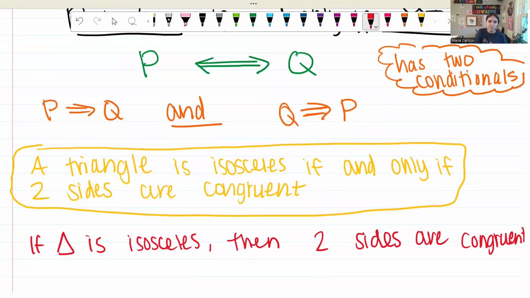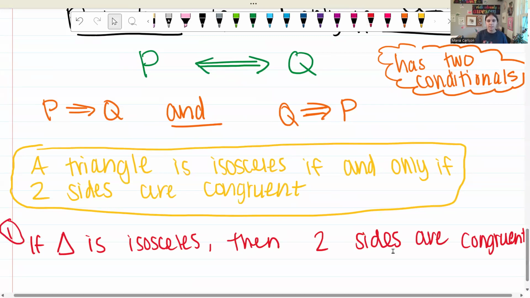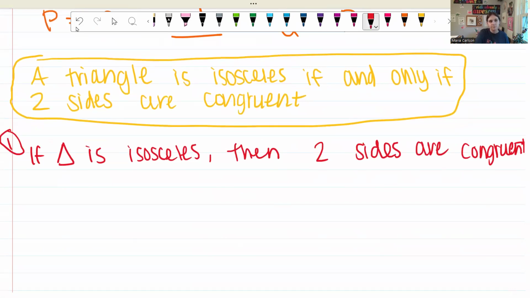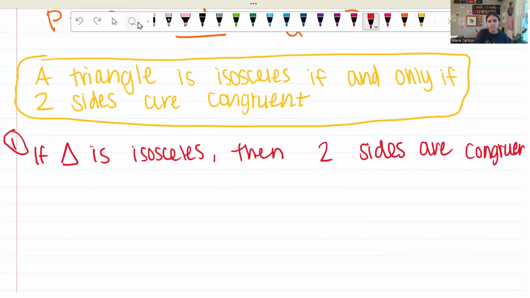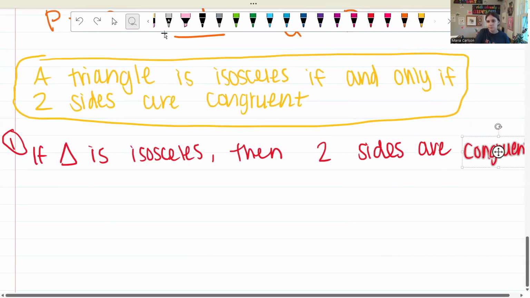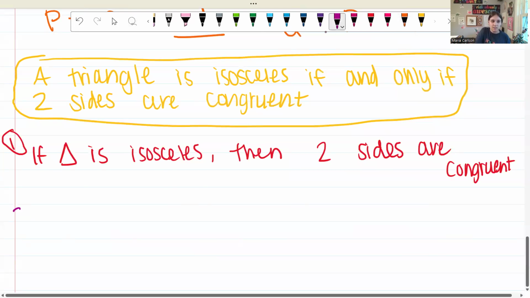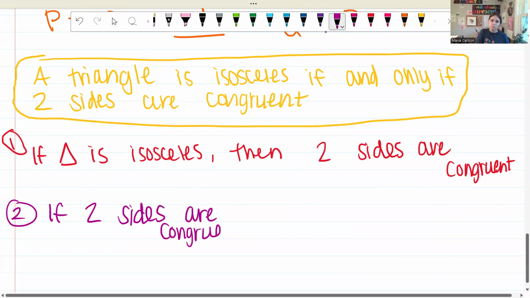That's part of this biconditional. The second piece is the opposite, going the opposite way. If two sides are congruent, then the triangle is isosceles.